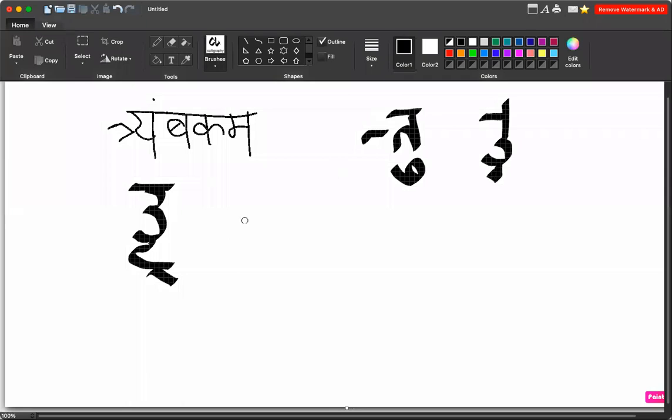So here also the ra will come on the bottom, if I'm not mistaken, but I'll confirm that, because I haven't written this letter, so maybe there is a mistake on my end.